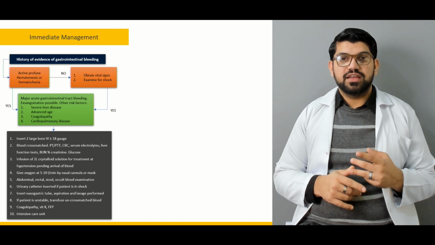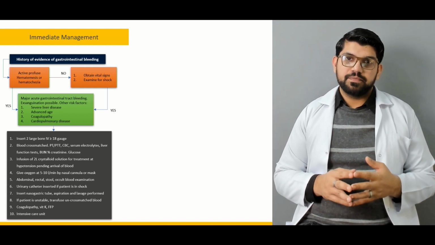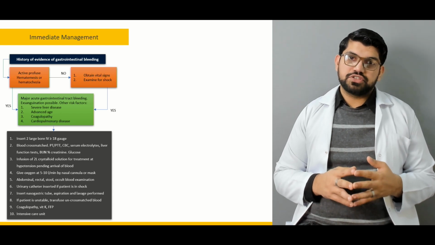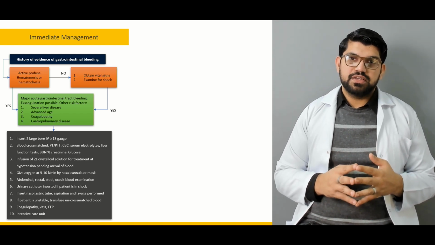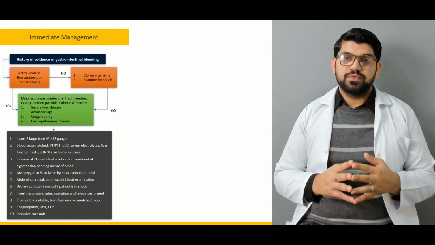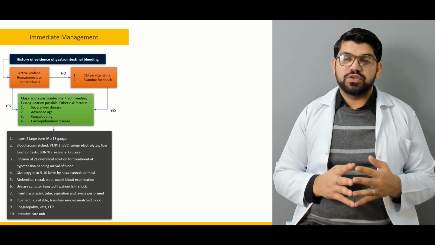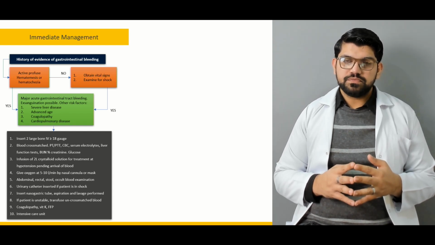Next is breathing. Is the breathing symmetrical? Is the patient breathing adequately? Next is circulation. That's more important in GI bleed. Are the organs being perfused adequately or not? That's the main point to be considered when you receive a patient with GI bleed.